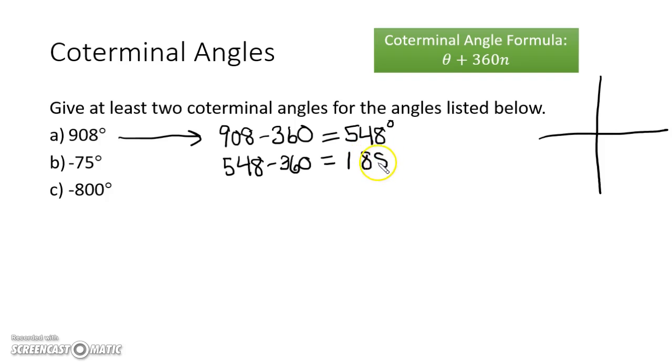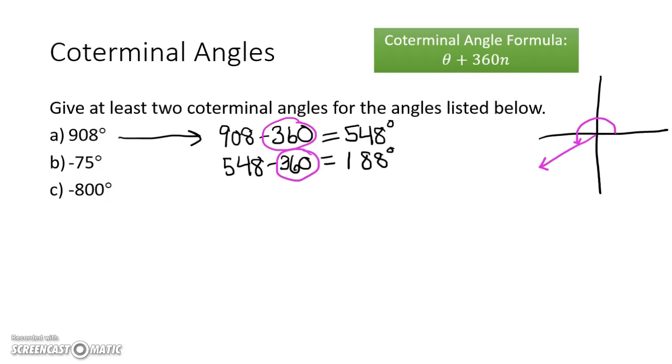Okay, so this gives me a much better visualization of where I'm ending. So 188, halfway is going to be 180, so it's about 8 degrees more. So that means that angle is going to end here. And in fact, if we look, you've had 2 extra rotations around.